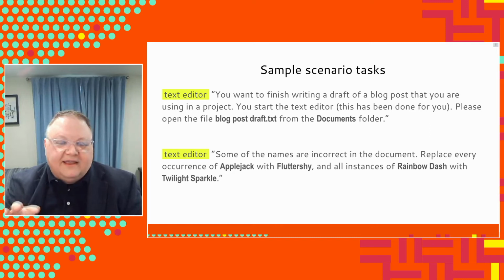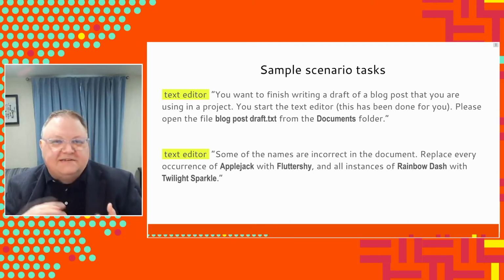And so I had grabbed an article that I had written on my blog about leadership lessons from unusual places, and it had a number of instances where Fluttershy and Twilight Sparkle were meeting for the very first time. If you remember that show, and I intentionally replaced the names with Applejack and Rainbow Dash, but the names occurred a lot, and it was not a short document.